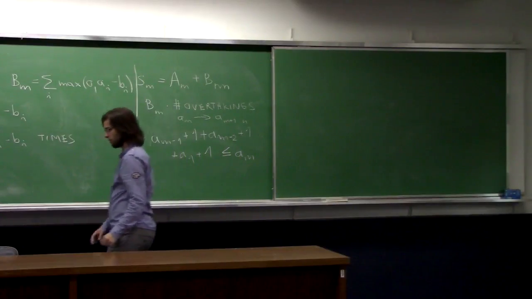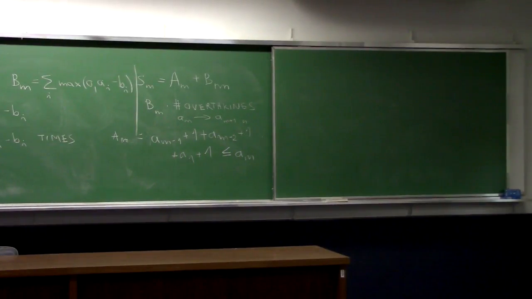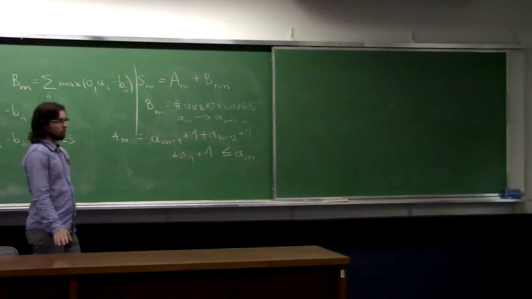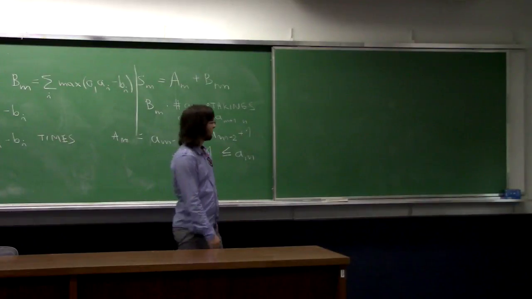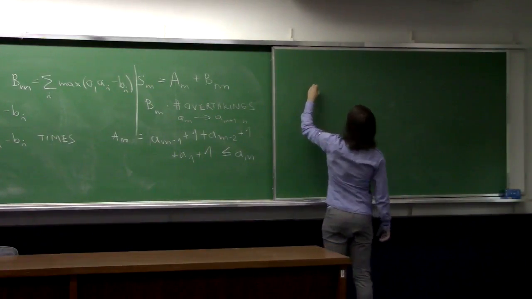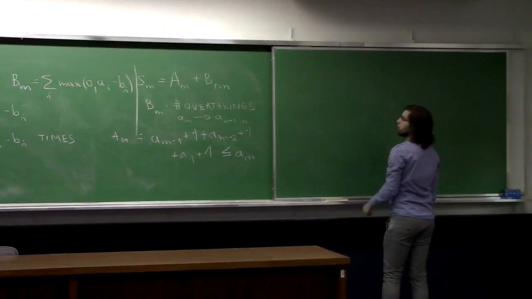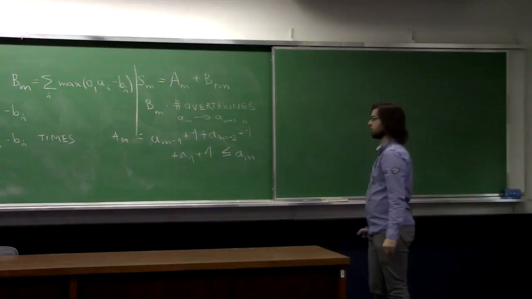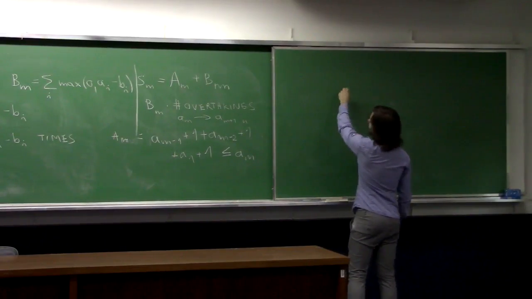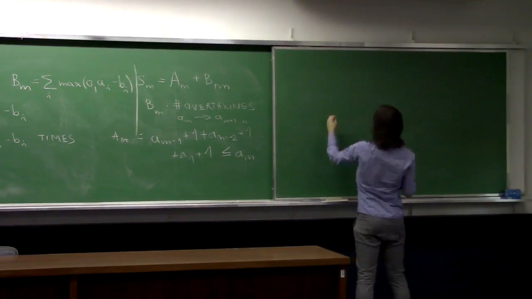Some of them are already fixed in the plane, and there are some candidate points where for each candidate point we need to find out what's the area of the convex hull created by those fixed points and the candidate point. So there are m candidate points, and for each of them we would basically need some O log n algorithm to get the area.